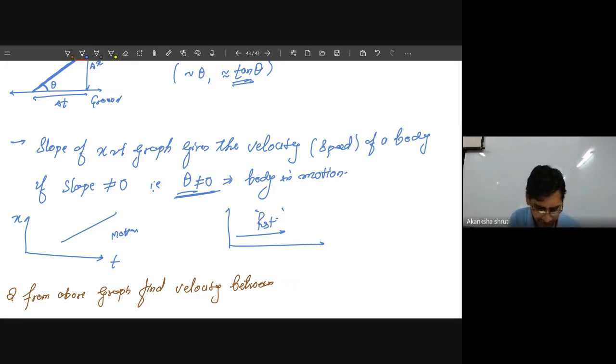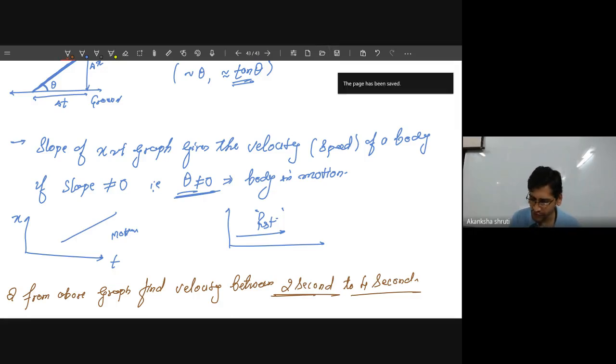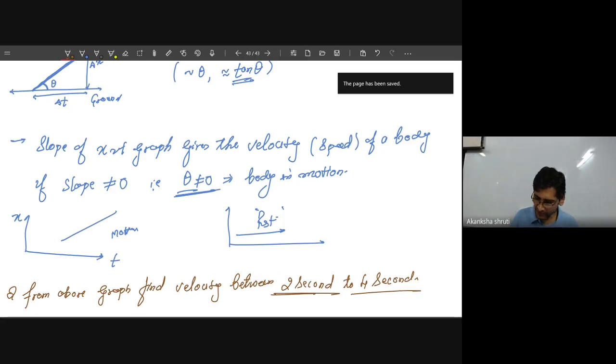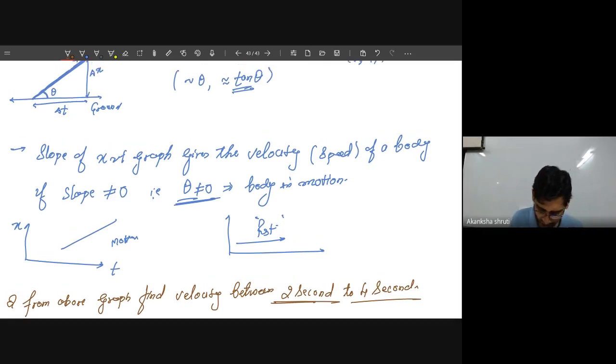Now we are taking a different time interval, 2 seconds to 4 seconds in the same graph. Now we want to calculate for 2 seconds to 4 seconds. Students, again we have to go to that graph and we have to watch what is the position at 2 seconds, what is the position at 4 seconds. For that, let us go to the graph.